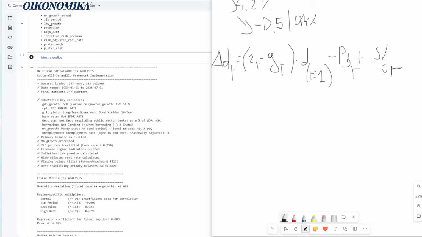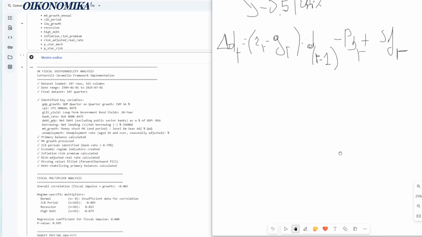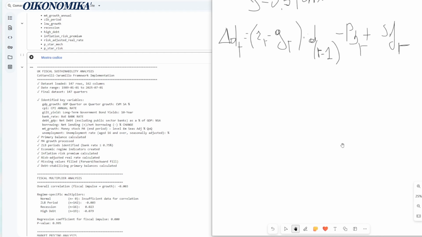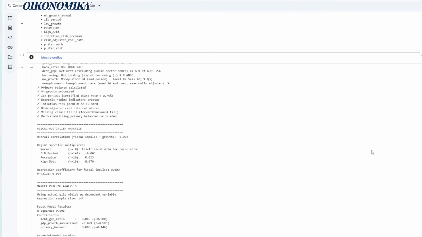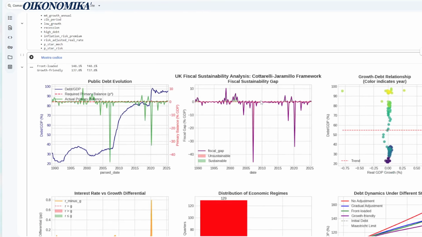So you see that there is a time component which is backward looking for the debt to GDP ratio component, and with that kind of equation, we get these very good-looking charts, pretty similar to what we saw before.